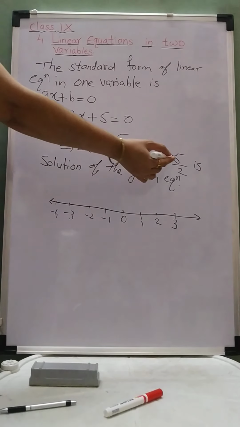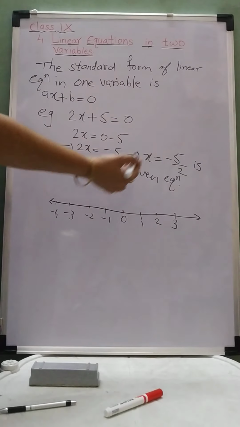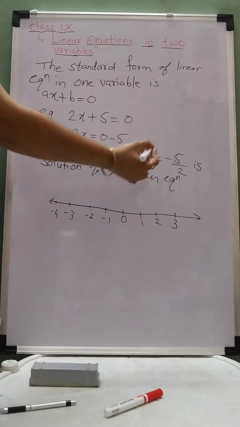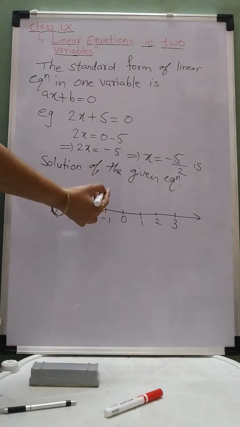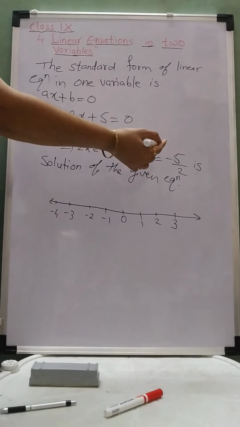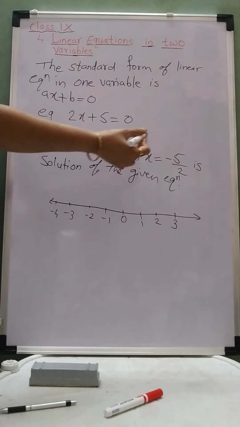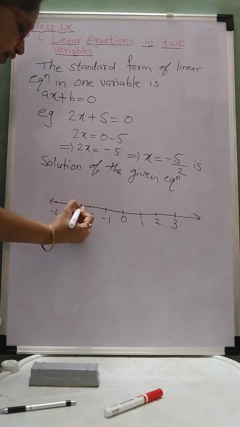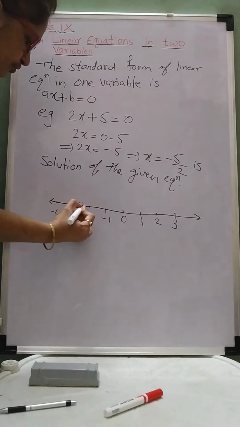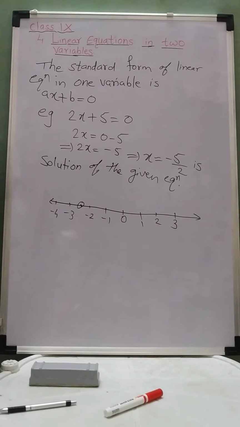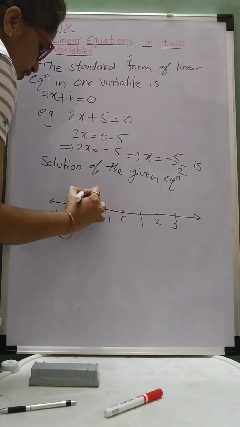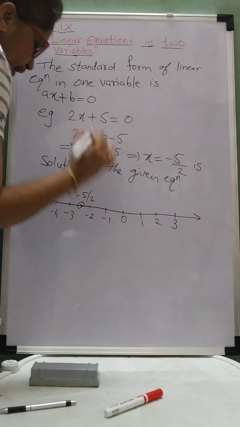Minus 5 by 2 lies between minus 2 and minus 3. It is in the midway of minus 2 and minus 3, because when you find the decimal of this, it will be minus 2.5. So it will lie somewhere here. This represents minus 5 by 2.